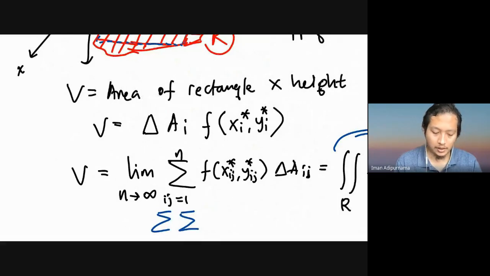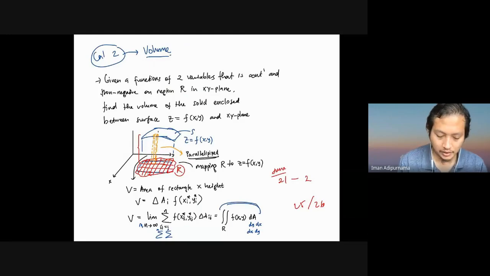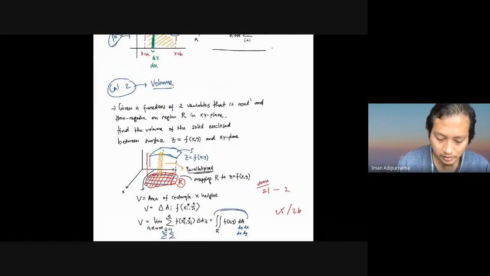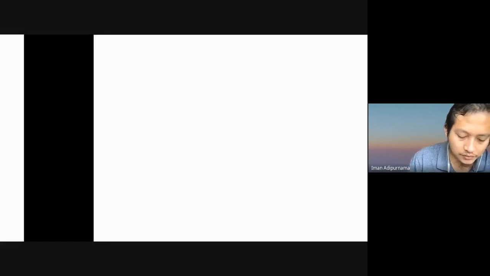I try to simplify this sum by writing ij, and it should have two numbers, m and n. Let me rewrite all this again in a new page so that you can have a good view.